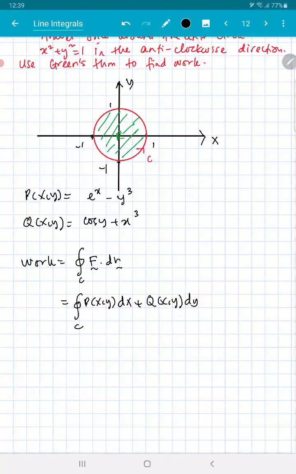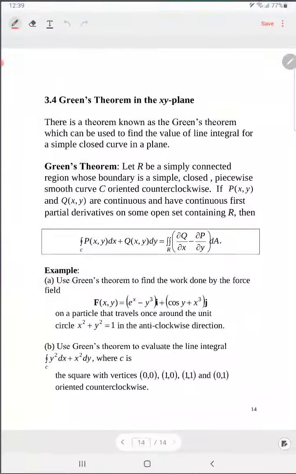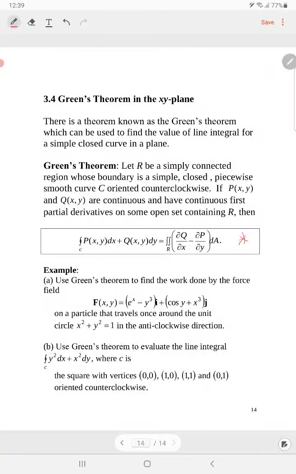Now using Green's theorem, this is equal to the double integral of partial Q partial x minus partial P partial y, integrated over region R. So instead of evaluating a line integral, we're going to evaluate a double integral, where the integrand is partial Q partial x minus partial P partial y, integrated over region R. So this is Green's theorem.